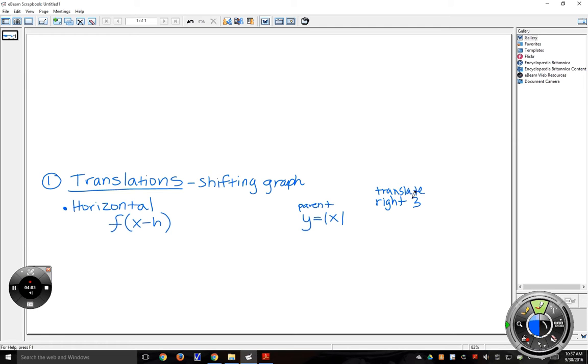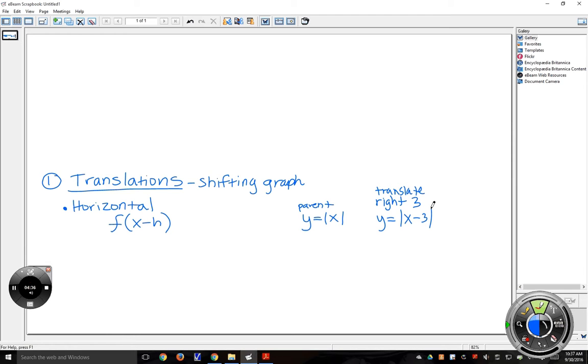So you start with this. What do we have to write into that equation now to show that it's translating right 3? Good. And we saw this when we did our investigation, right? It said x minus 3 in there, but it actually moved the graph to the right 3. So we established, okay, mathematicians aren't totally crazy. They put the minus in the formula because then we can see what the h is, and knowing what the h is tells us what to do. This is an h of positive 3, and that moves our graph to the right 3.